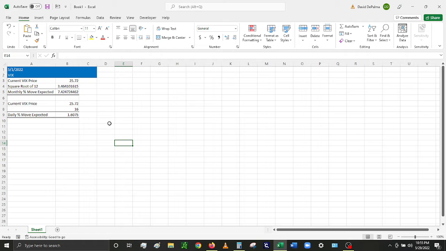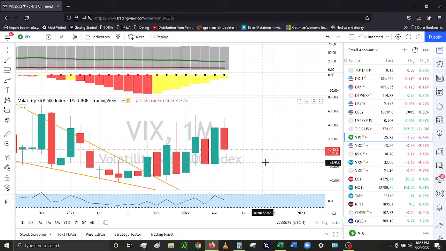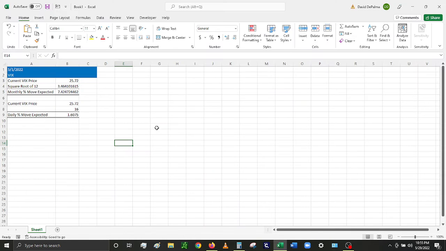It's going to be more than 7.4% for that move on the month if that month is extra volatile. And so, as I always say, look at everything in context. Don't just use this formula and rely on that.